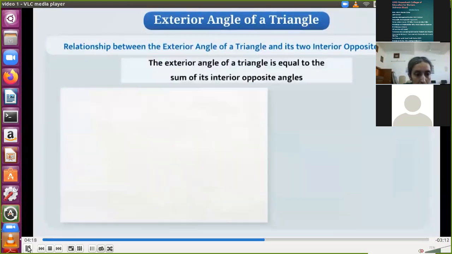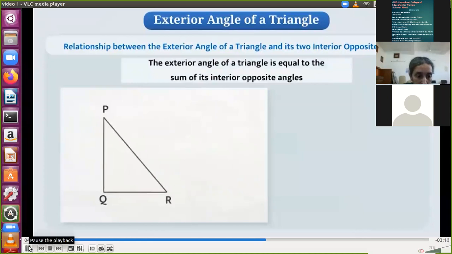Now we will move on with another activity. Take a paper and draw a right angled triangle on the paper. You can draw any other triangle also, but I have taken a right angled triangle. And now I have extended the line QR up to S, so that angle PRS becomes the exterior angle.